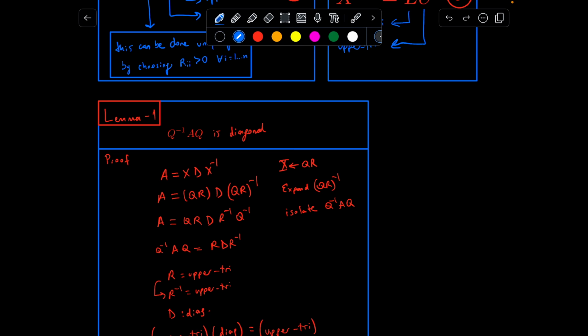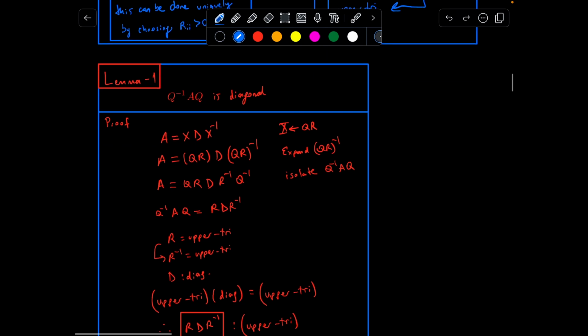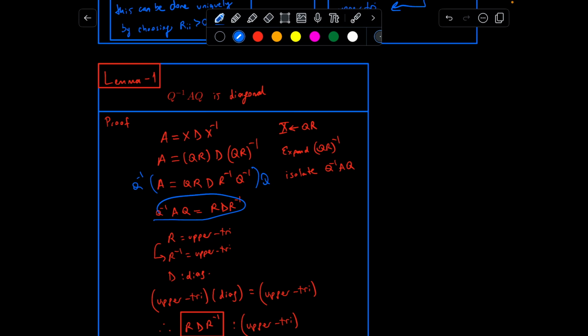And then we are expanding this term, and this is what we will have. Okay, so now we're basically doing this, and then this is what we have.